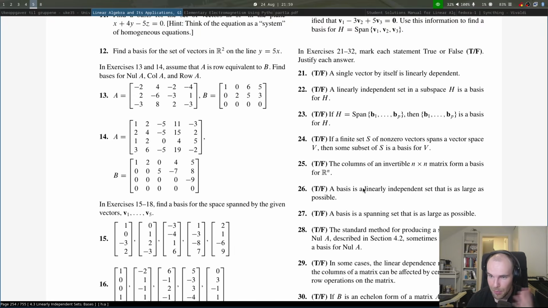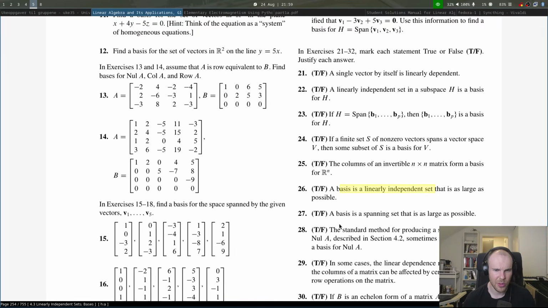That's the biggest linearly independent set. If I have 3 vectors, I know it's impossible to have 3 vectors and be linearly independent, because you only need 2 for 2 dimensions, right? So a basis is a linearly independent set as large as possible, or as efficient as possible, you can also say.